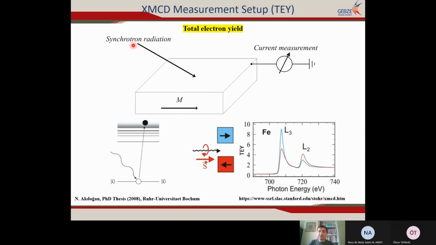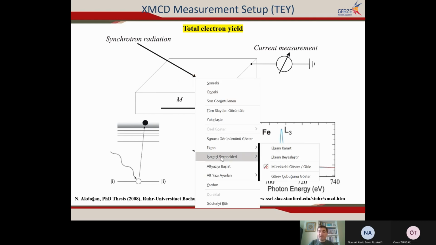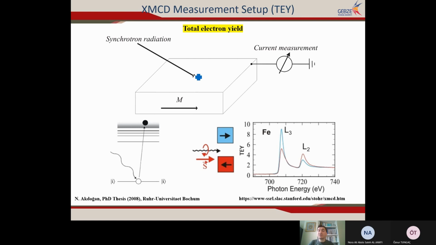When synchrotron light, X-rays, interact with the atoms of this material, we produce many photoelectrons and Auger electrons, distributed everywhere within the material.